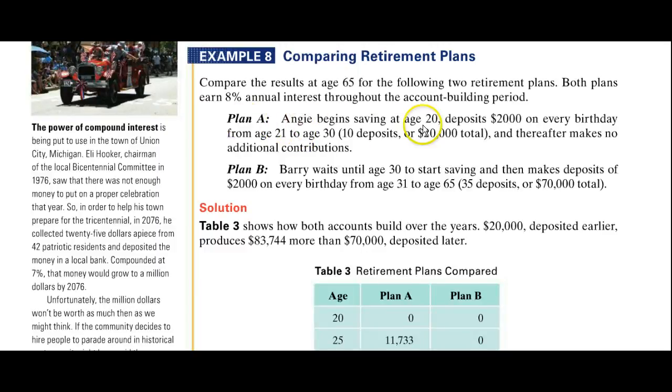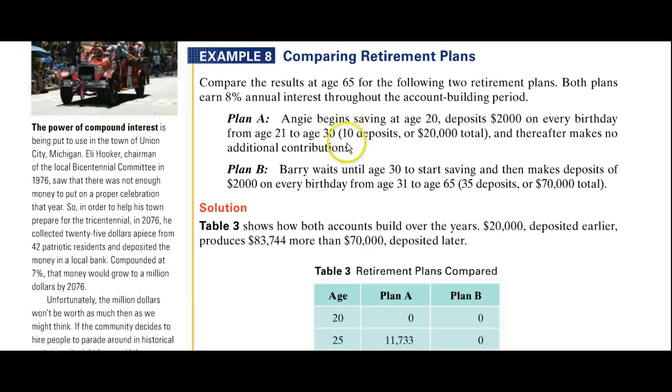Angie begins saving at age 20, deposits $2,000 on every birthday from age 21 to 30, so that would be 10 deposits, or a total of $20,000, and thereafter makes no additional contributions.